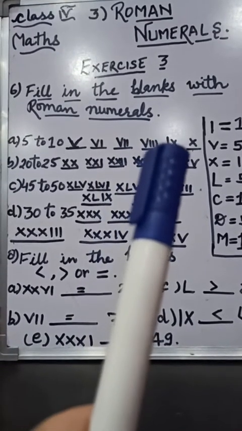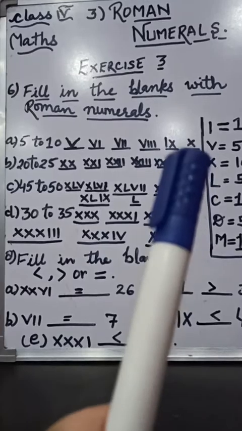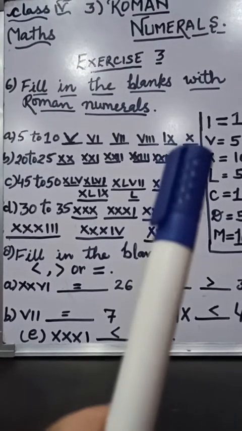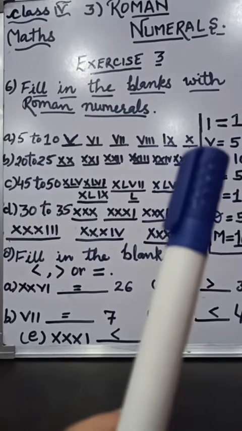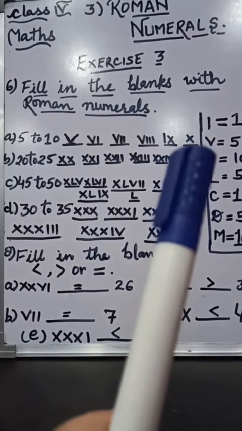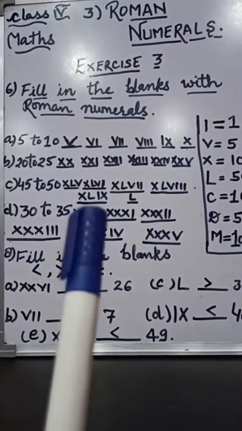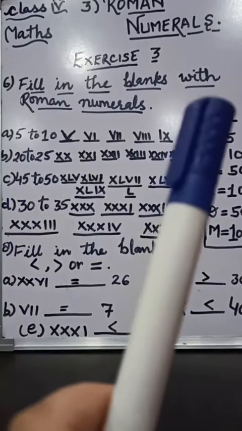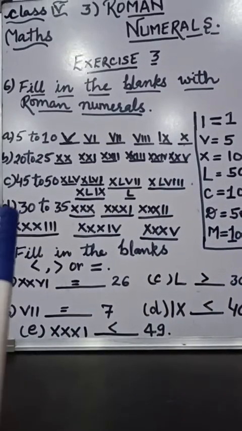Then 8, VIII. 9, I and X, means 10 minus 1. Then 10 means X. Clear all of you? All the values are written here.